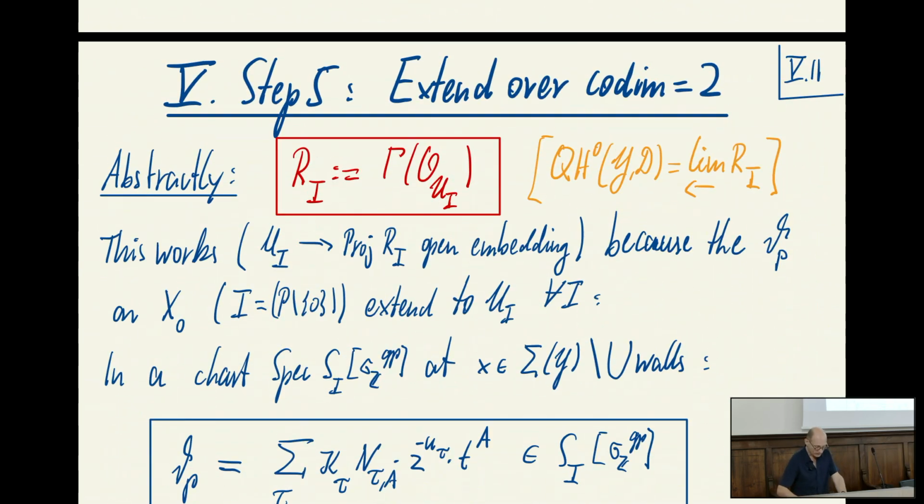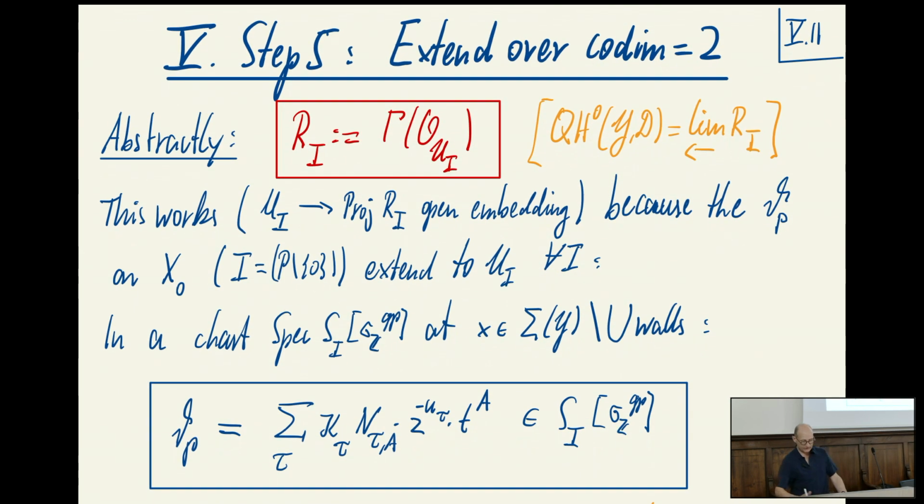Okay. So then we extend over codimension 2. And the fact is simply, as a matter of definition, let's assume we are affine. Otherwise, I have to do something with sections of line bundles. So that would be the affine case.